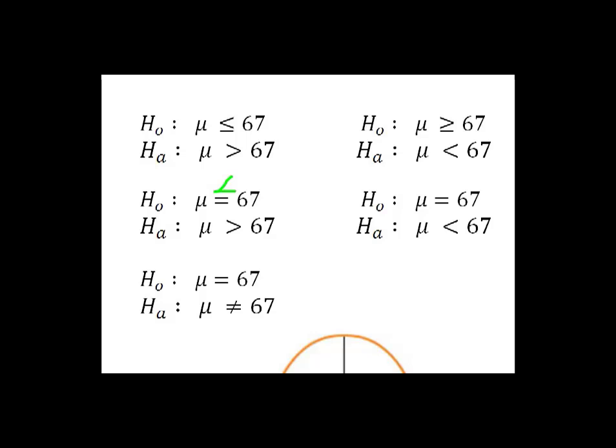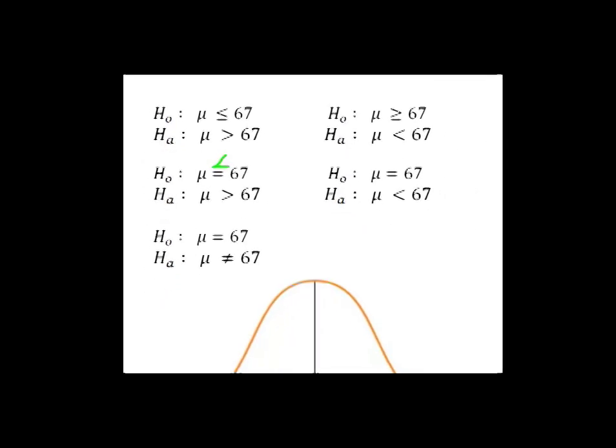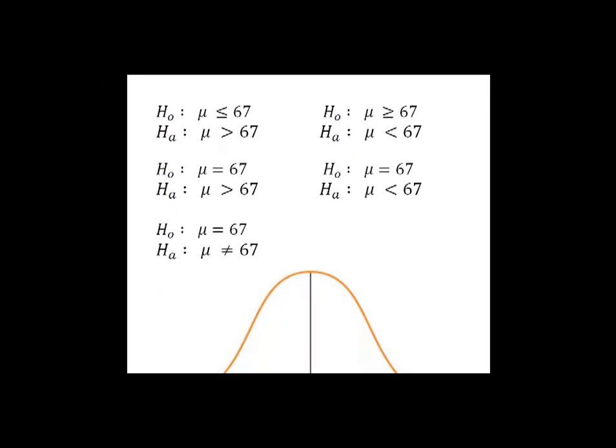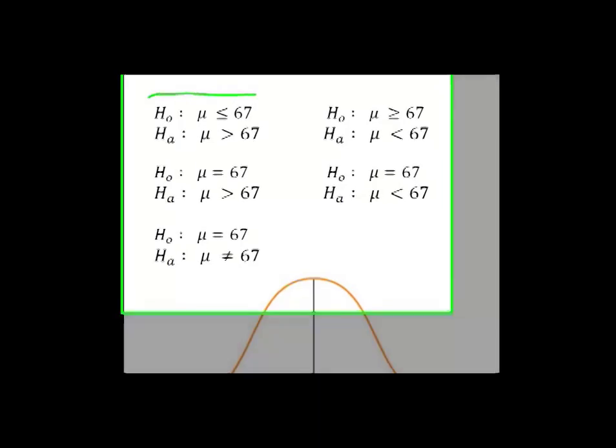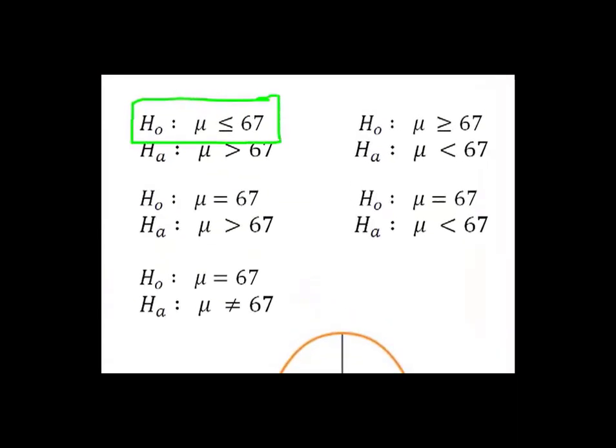So, when you set up your null and alternative, remember that you can always guarantee that your null hypothesis is always going to have some form of equal to.